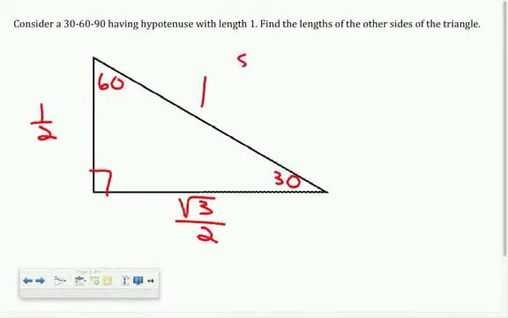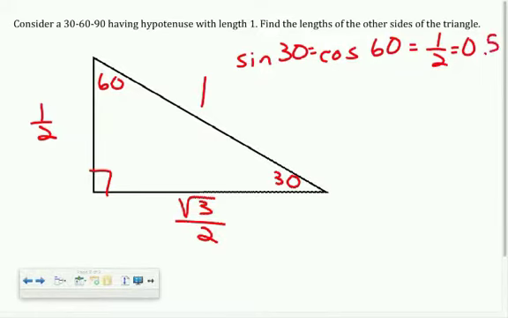So if I take the sine of 30, remember that we talked about how it's going to equal the cosine of 60. So sine of 30, that's opposite over hypotenuse. Opposite is 1/2, hypotenuse is 1. So the sine of 30 is just 1/2, which is, as your calculator will spit it back to you, 0.5.